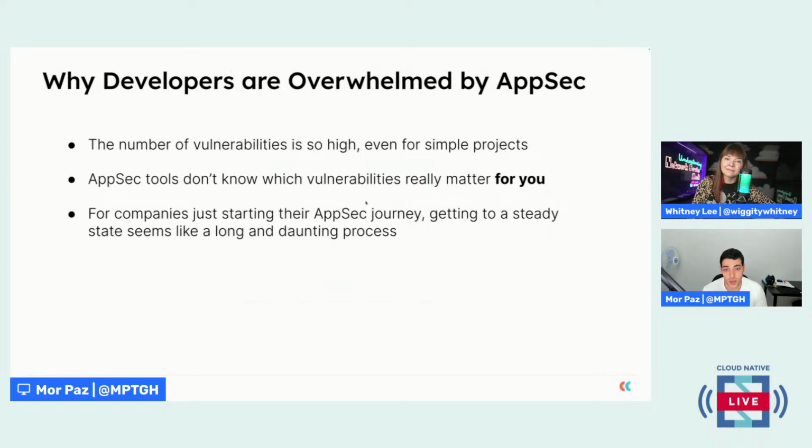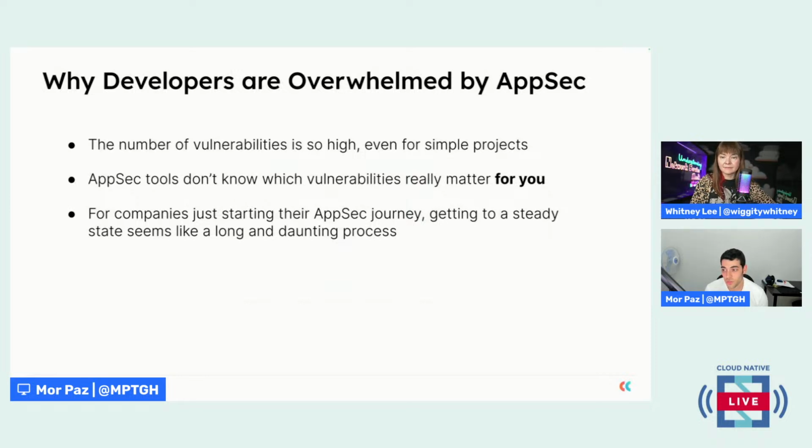And another thing is that for companies just starting their application security journey, getting to a steady state seems like a very long and daunting process. So even for a company that's 3 or 4 months old, just have like 1 or 2 microservices up and running, the moment they start using some application security tool, and it doesn't matter which one, they'll immediately start seeing tens or hundreds of vulnerabilities, depending on the packages that they use.